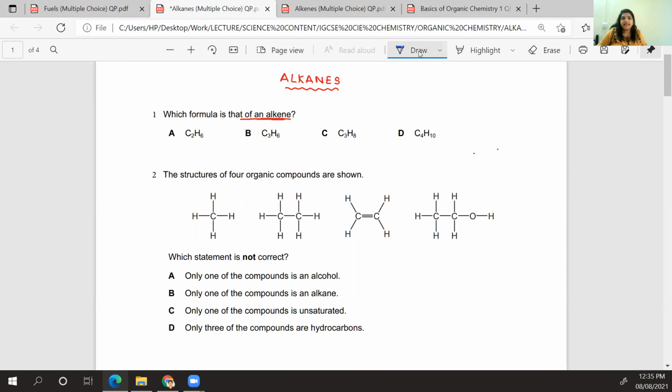What is the general formula of alkane? Yes, Akbar, can you tell me what is the general formula of alkane? Is it A?